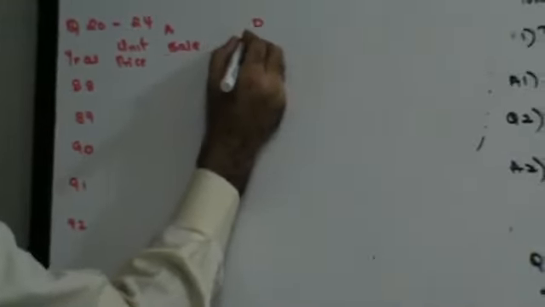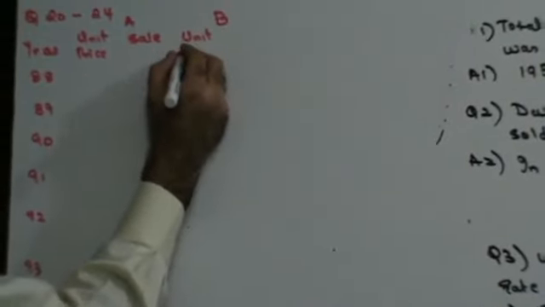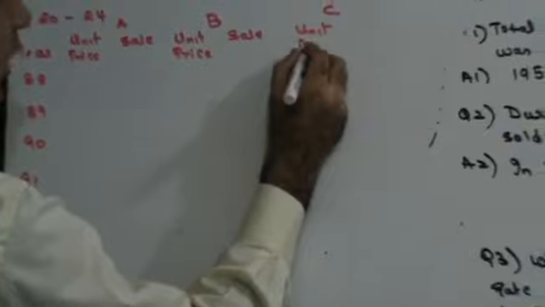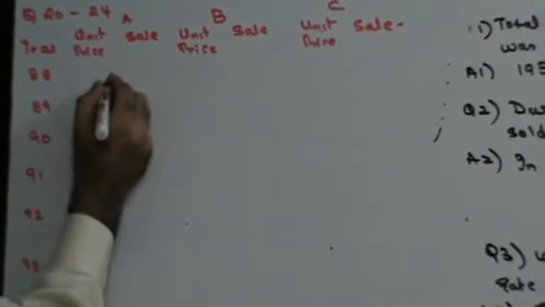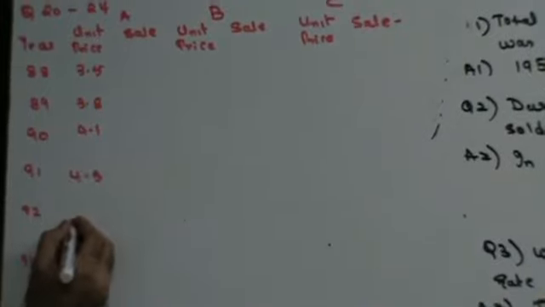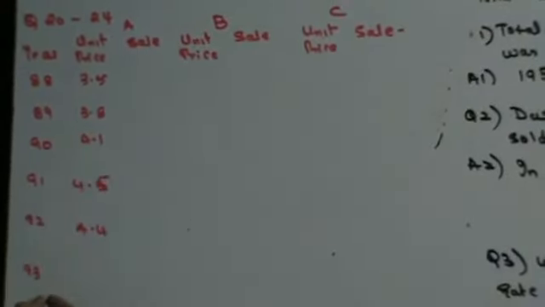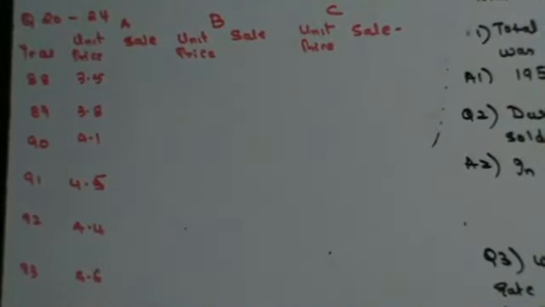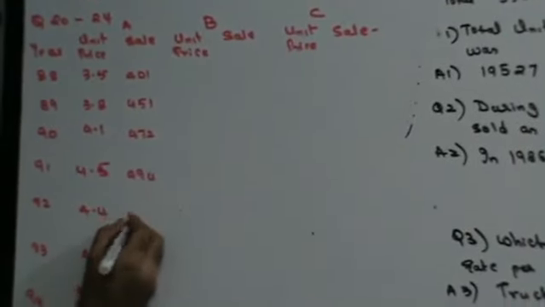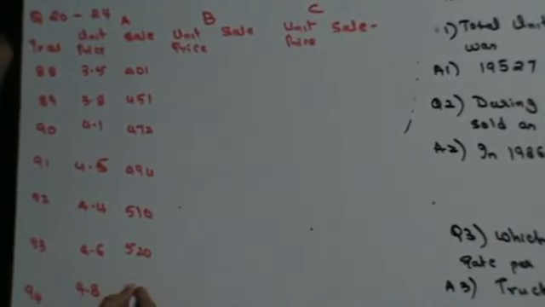For A: unit price 3.5, 3.8, 4.1, 4.5, 4.4, 4.6 and 4.8; sales 401, 451, 472, 494, 510, 520 and 540.